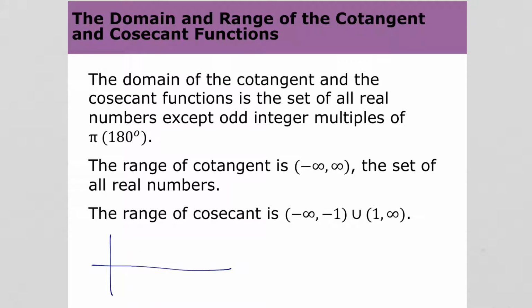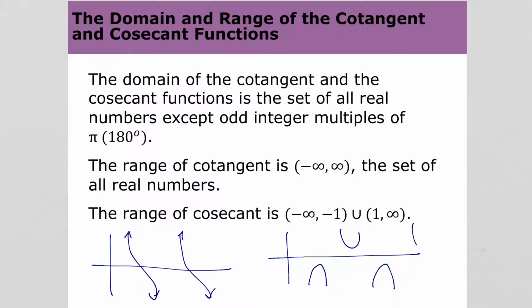This is really bad. Oh, there we go. Okay, so there's cotangent. Its range is negative infinity to infinity. And cosecant is similar to secant.